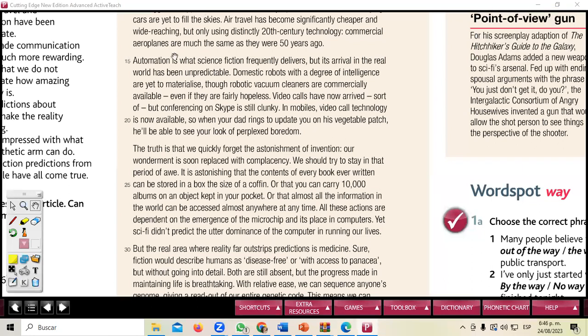Automation is what science fiction frequently delivers, but its arrival in the real world has been unpredictable. Domestic robots with a degree of intelligence are yet to materialize. Robotic vacuum cleaners are commercially available, even if they are fairly hopeless.